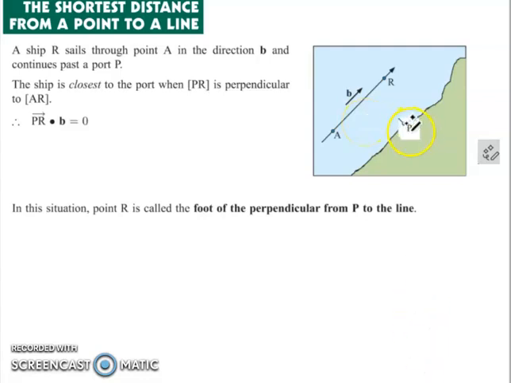So if I construct my perpendicular there, the distance from P to R, where R is now being moved to this position here, would be the shortest distance. Point R is known as the foot of the perpendicular.